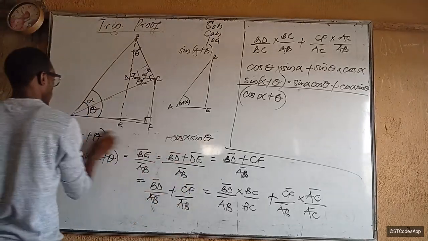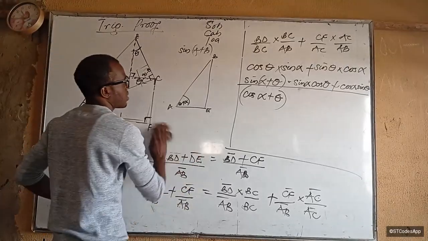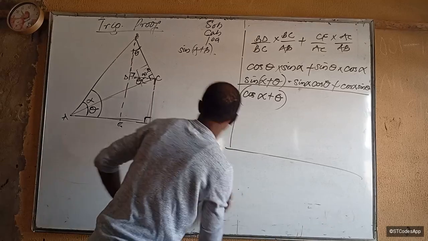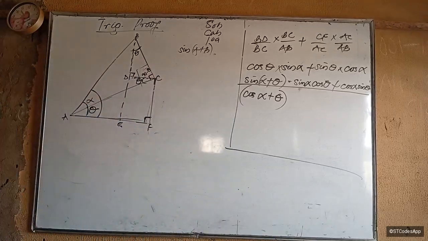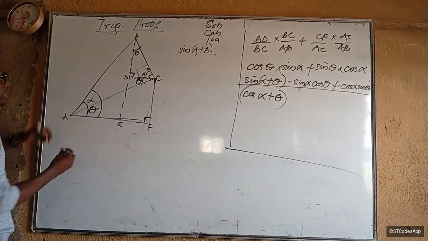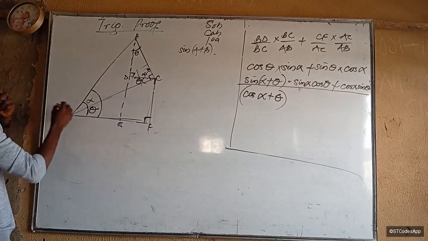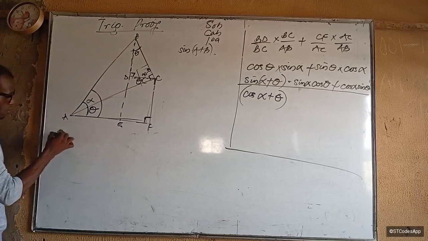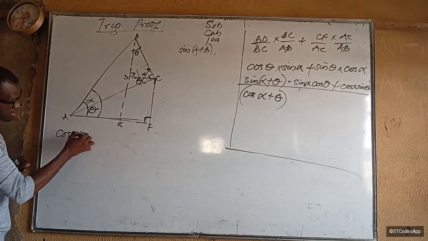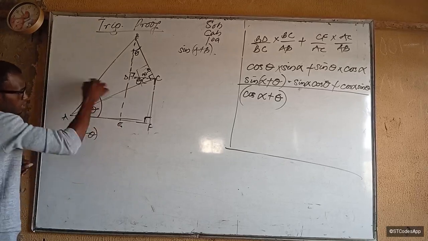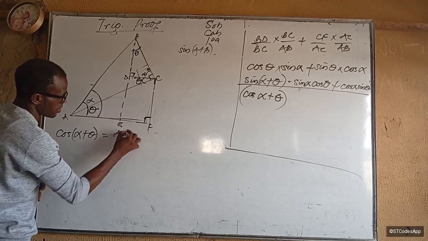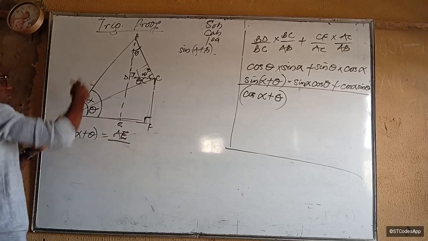Cos alpha plus theta. Now, what is cos alpha plus theta? There, it will be the big triangle again, adjacent AE. So cos alpha plus theta, this whole thing is equal to the adjacent AE over the hypotenuse AB.